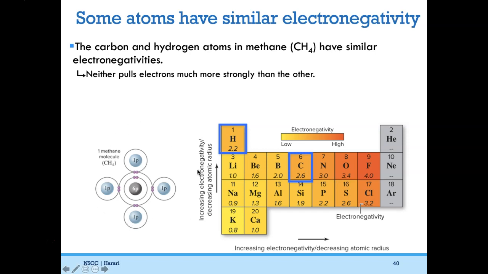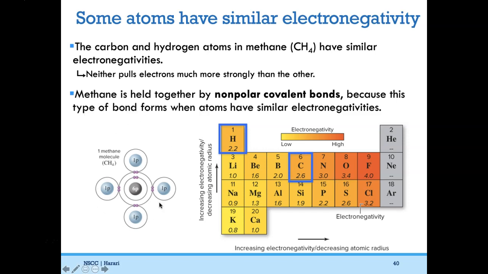So this is a non-polar molecule. Methane is held together by non-polar covalent bonds because that's what happens when two atoms, like carbon and hydrogen, have similar electronegativities. So this is one non-polar covalent bond, this is one non-polar covalent bond, this is one non-polar covalent bond, and this is one non-polar covalent bond.